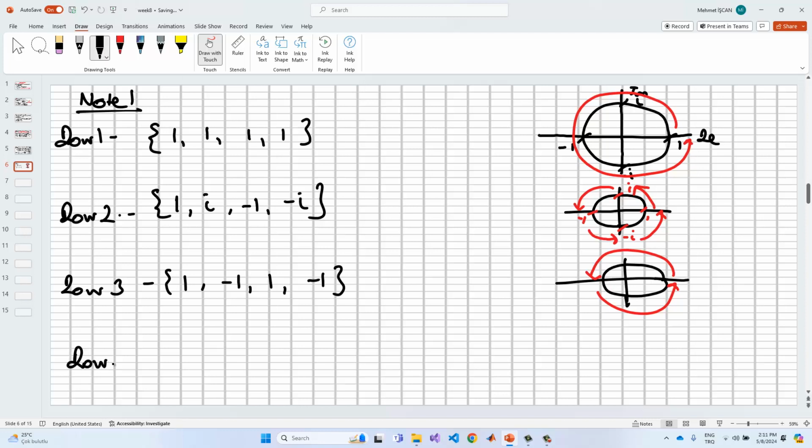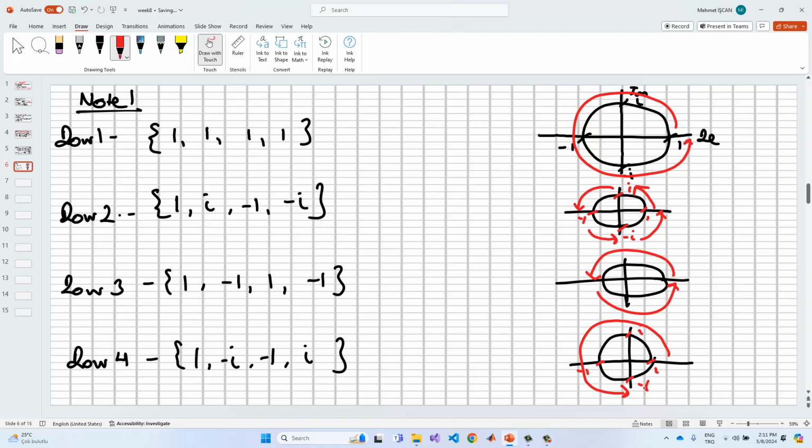And so in the row 4 we have 1, minus i, minus 1 and i, right? And so what's the geometrical relation for this pattern in here? This 1, this i, this minus 1 and minus i. And so 1, 2, minus i, right?